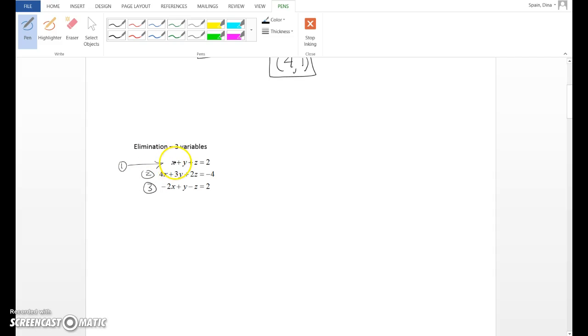So, just looking at equation 1, if I want to eliminate this 4x, what I'm going to do is multiply my first equation times a -4. That's -4 times equation 1. Watch what I get. I'll get a -4x minus 4y minus 4z is equal to a -8.